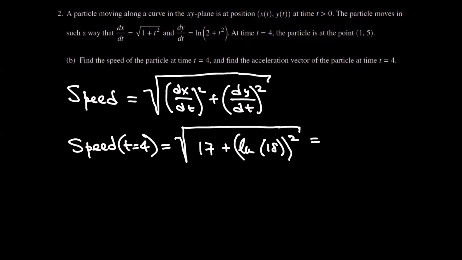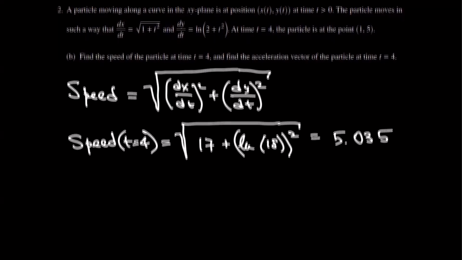We can pull out our calculators and calculate that, but this is pretty straightforward, so I will not be showing how to do that. The answer here is 5.035. So that's the answer for the speed at time t equals 4.